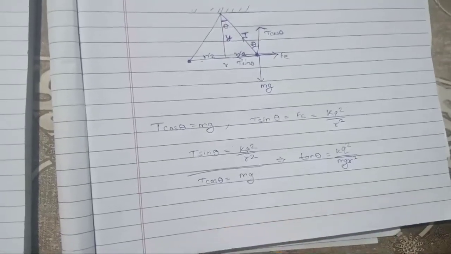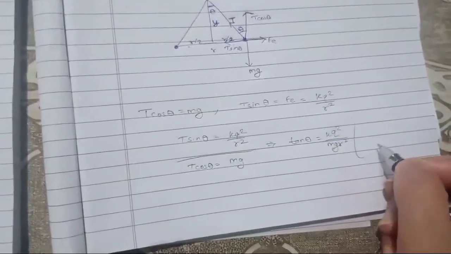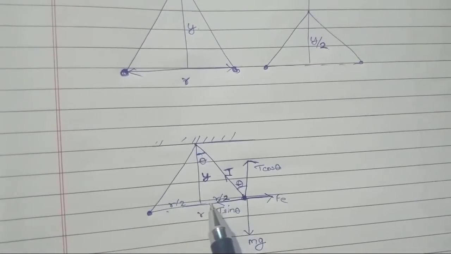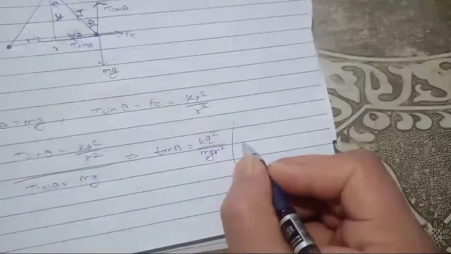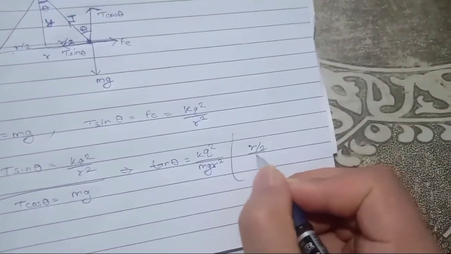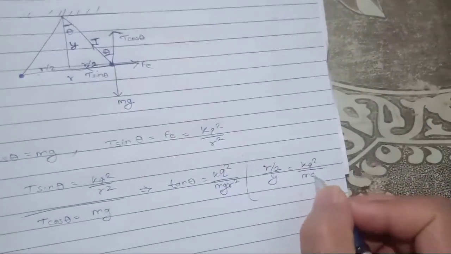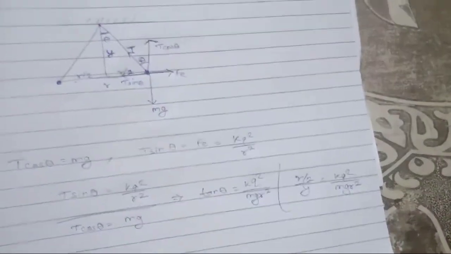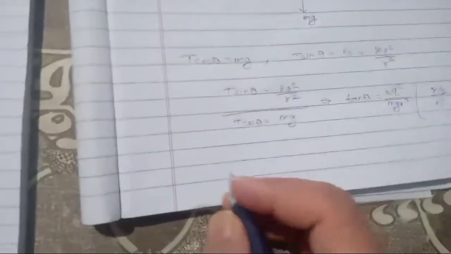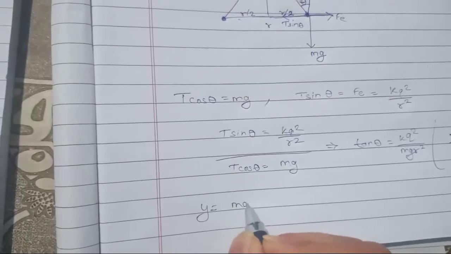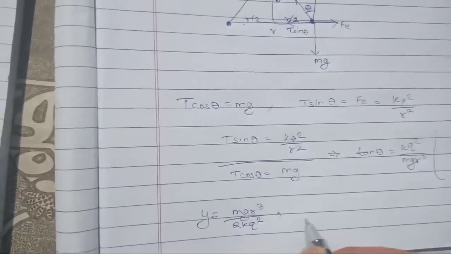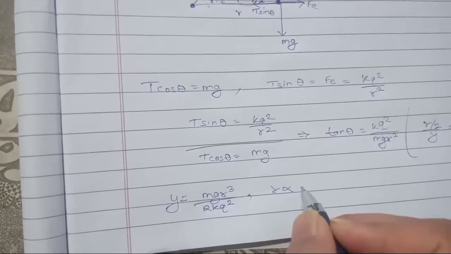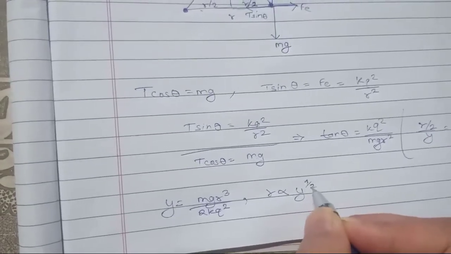Now let's see the figure. This tan theta is perpendicular by base. So in place of tan theta we can write r by 2 by y. So r by 2 by y is equal to kq square by mgr square. Now interchanging the positions, we can write y is equal to mgr cube by 2kq square, and r is directly proportional to y to the power 1 by 3.